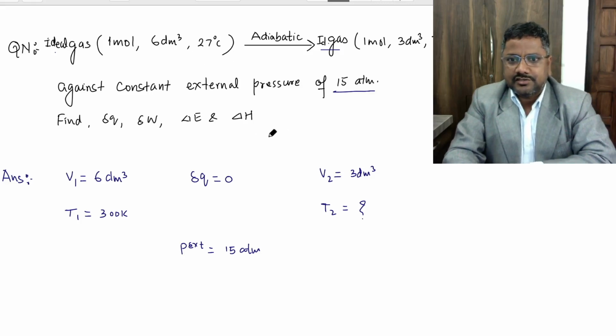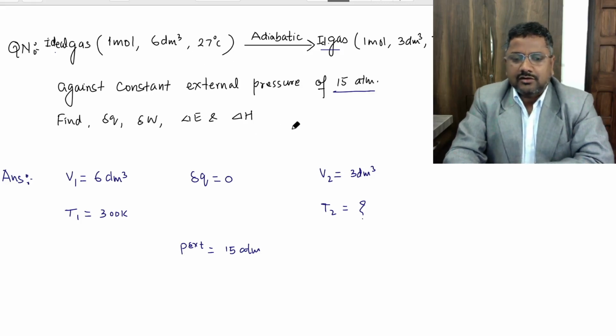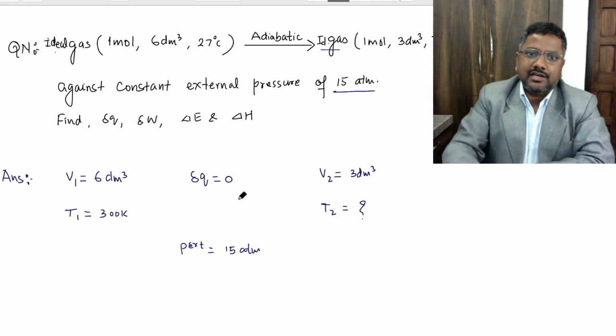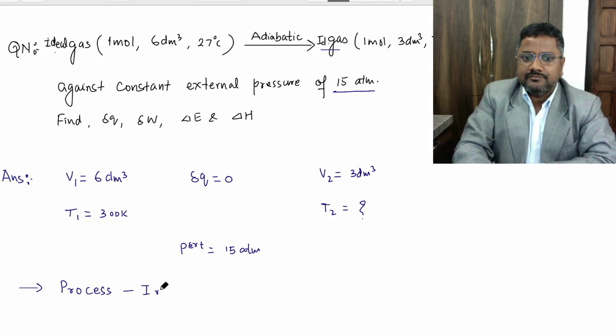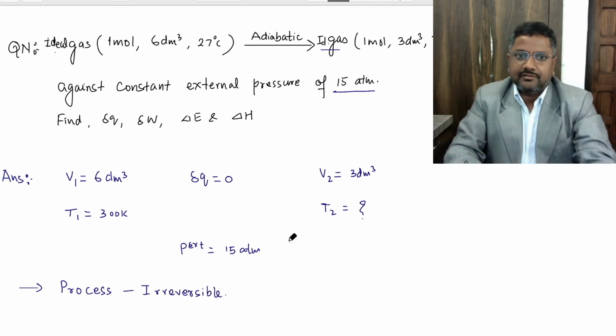All of you know from the beginning of this chapter that if expansion or compression is taking place against constant external pressure, then that is an irreversible process. So the process is irreversible.